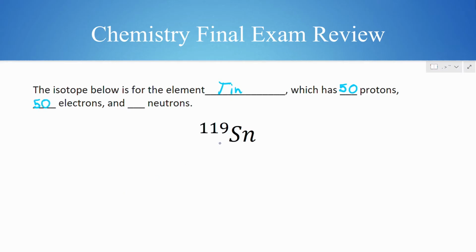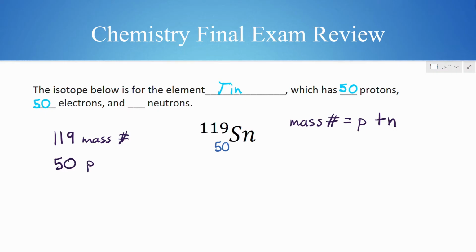So this is the number of protons. That is optional for them to write, but I'll add it here, now that we know it. Alright, and now we need to find the number of neutrons. Now recall that the mass number is equal to the number of protons plus neutrons. 119 is our mass number, and we have 50 protons.